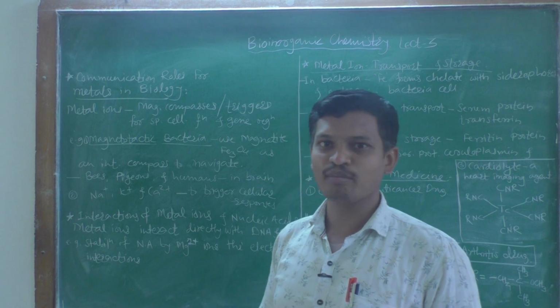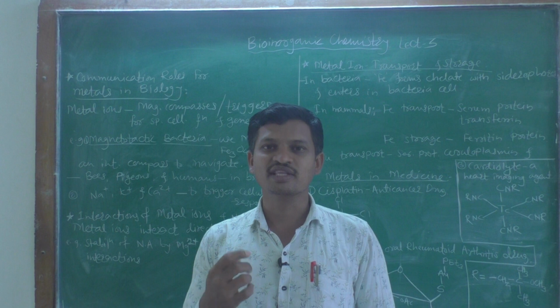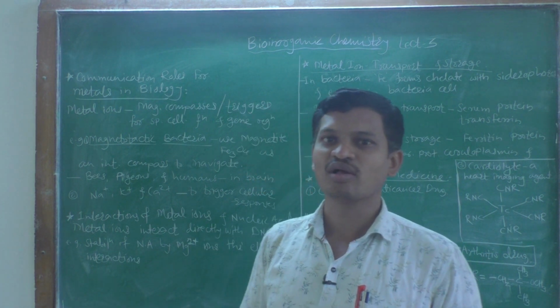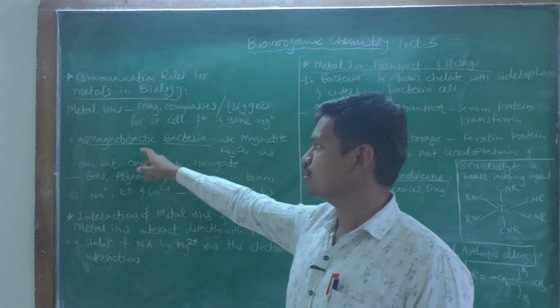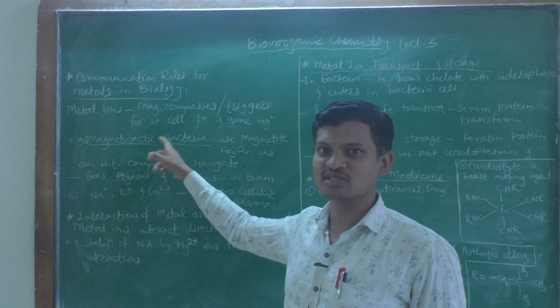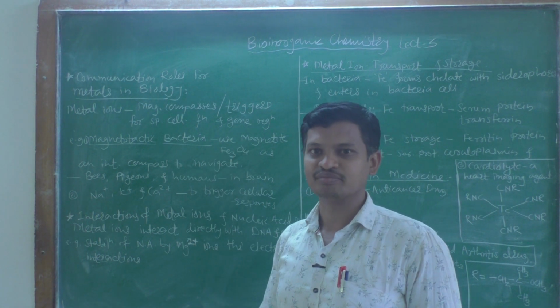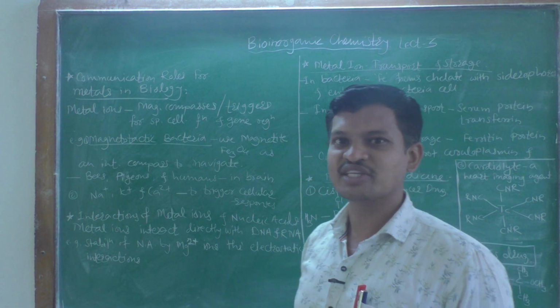The magnetotactic bacteria use this magnetite mineral having formula Fe3O4, and hence the name magnetotactic bacteria. They use this mineral of iron for the navigation purpose.